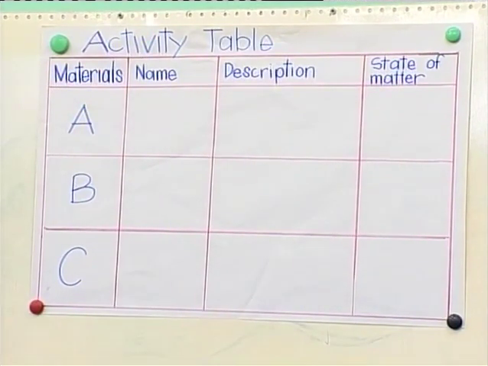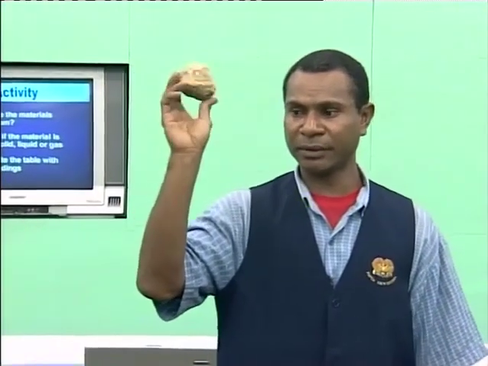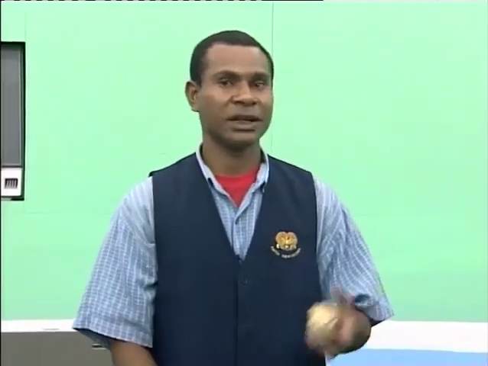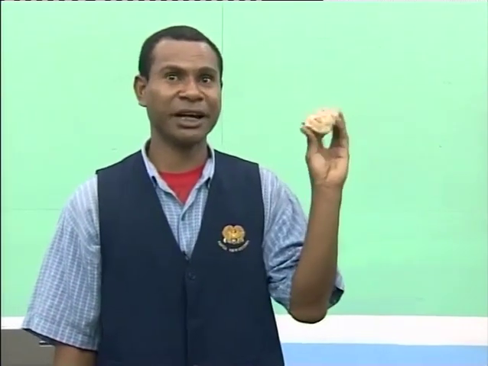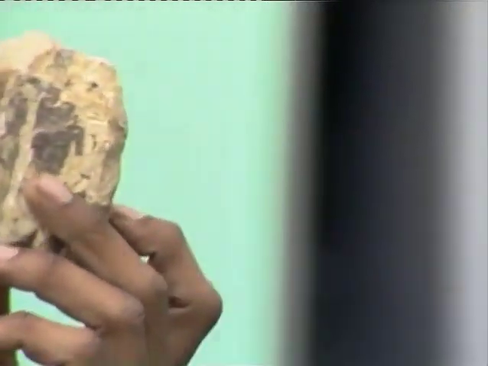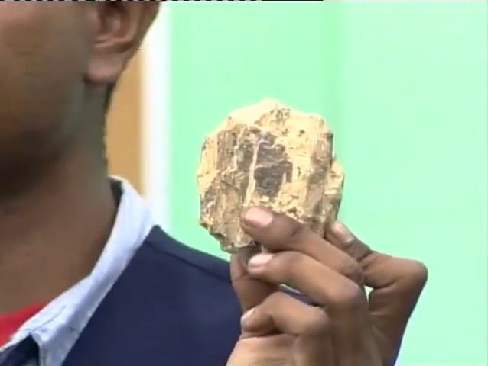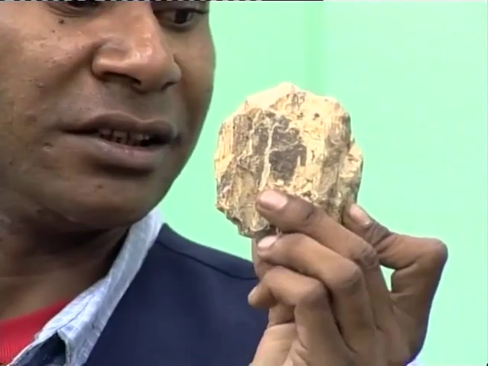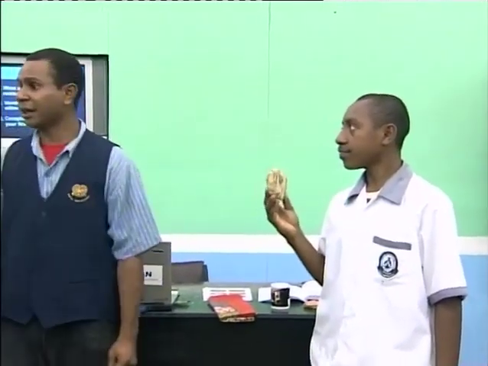All right, let's do an example. Could I have someone to come up to the front? Somebody to come to the front and tell me about this object in my hand. All right, Joshua. Tell the class what you have in your hand.